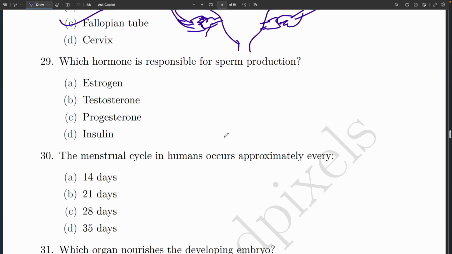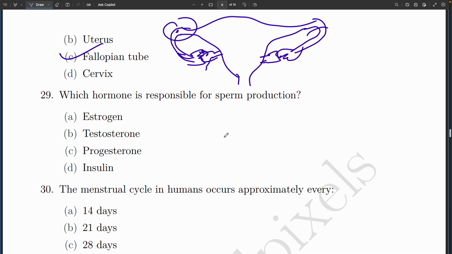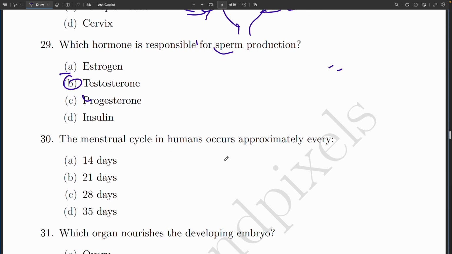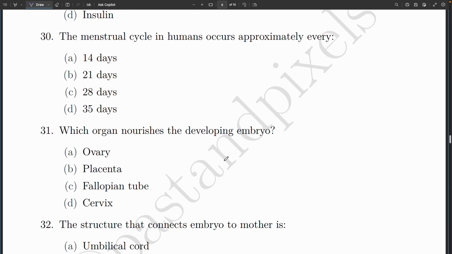Now which hormone is responsible for sperm production? So for sperm production, testosterone is responsible. The menstrual cycle in humans occurs approximately after every 21 days.